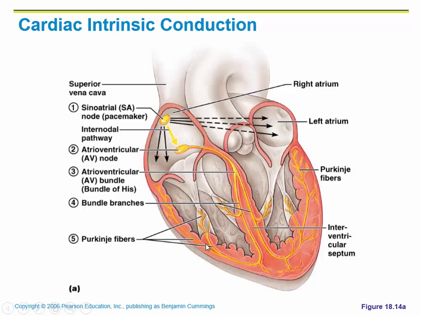Then finally, it's going to ride up each of the ventricular walls and go into the ventricle itself, and those are your Purkinje fibers. And those Purkinje fibers, you can see, go all the way into those papillary muscles that are in there attached to something called the chordae tendineae.